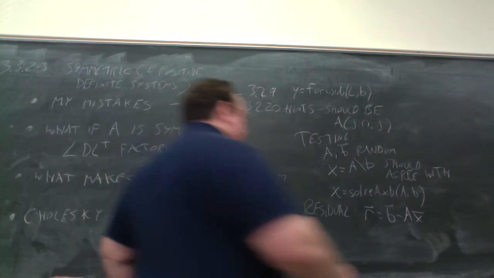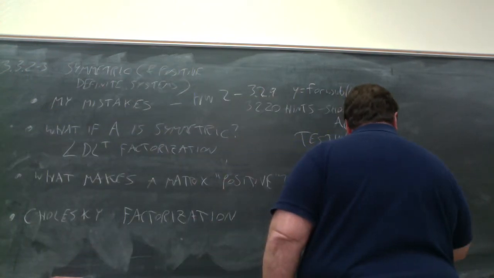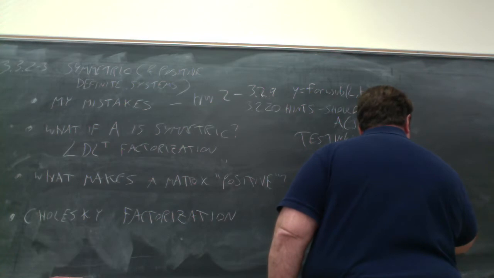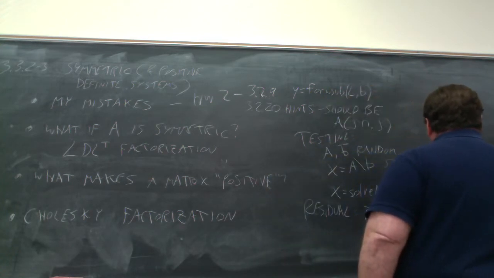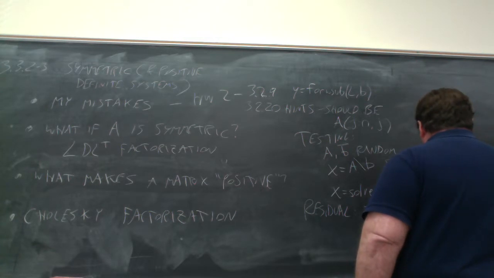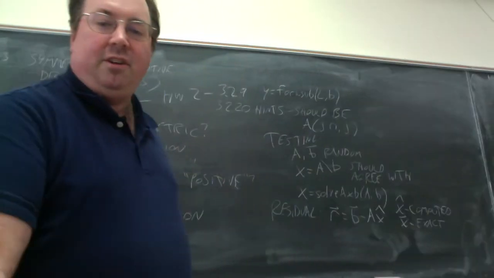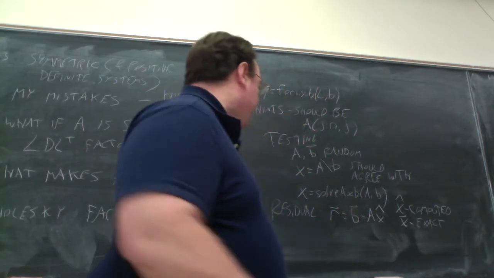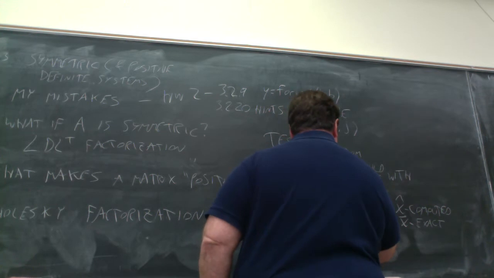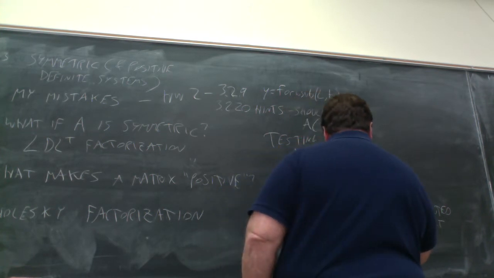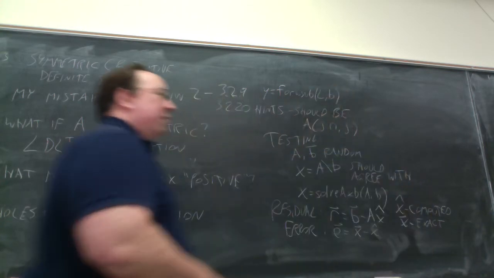If I let x hat be the computed solution by whatever means that has any kind of error, like round off error or whatever error you introduce into it, and plain old x refers to the exact solution. So that's the residual, that ideally should be 0, as opposed to the error, which we'll call E, the exact solution minus the approximate. Now that is what you want to actually be small.